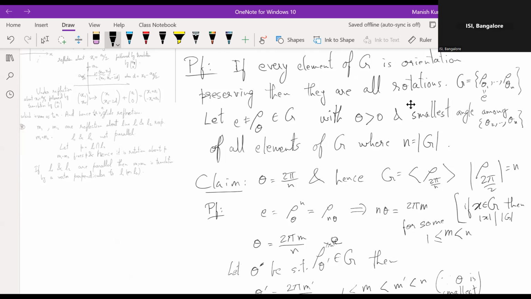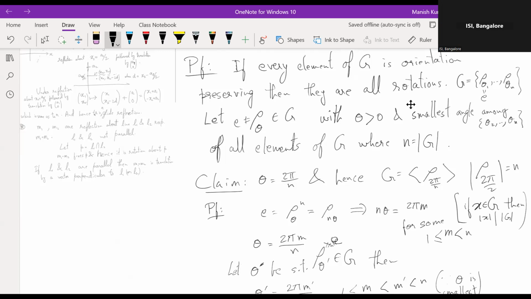This you know? Okay. So that is what I'm using to say that if I take the nth power of rho theta, then this has to be identity. But what is the nth power of rho theta? If you do rho theta once, it's changing the angle by theta.